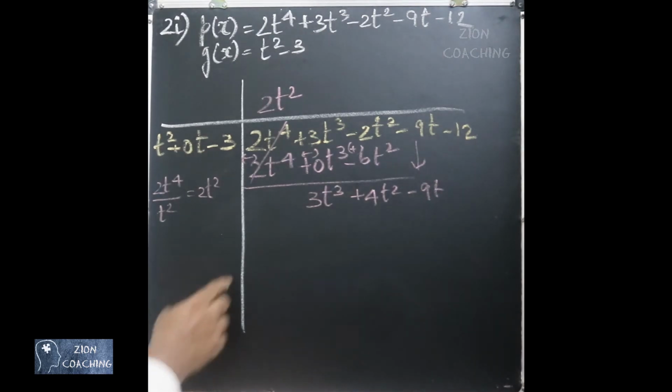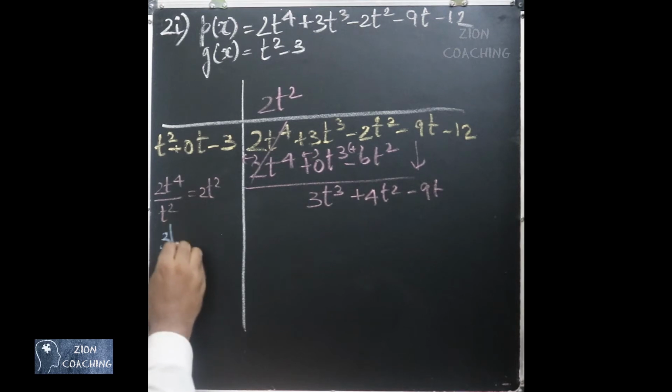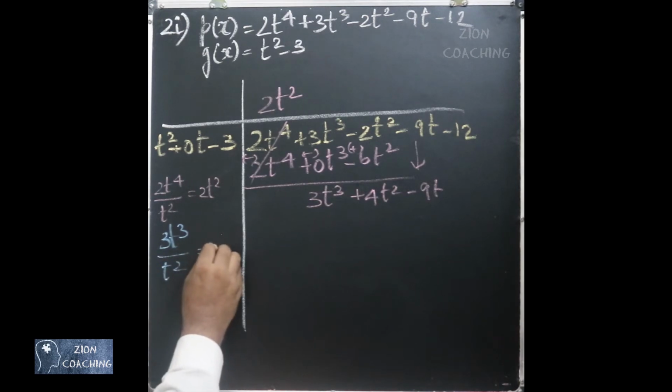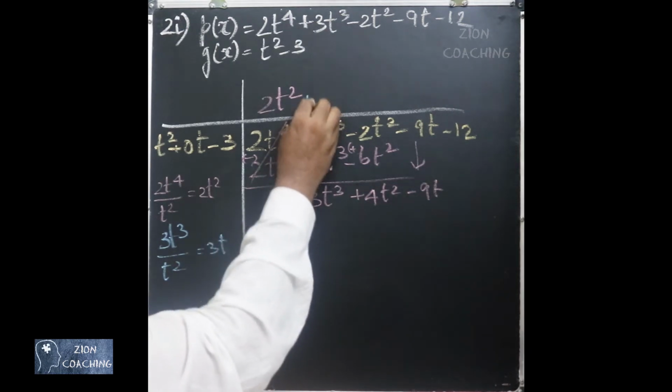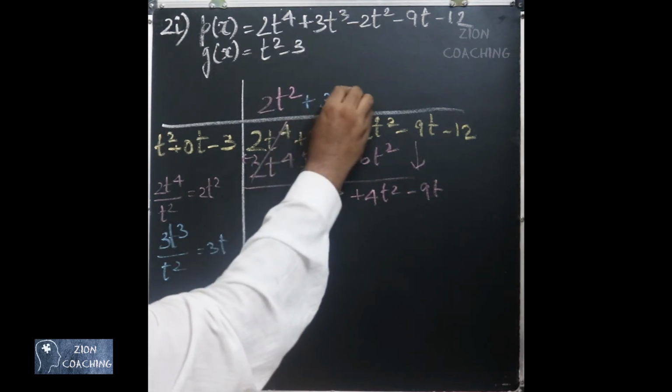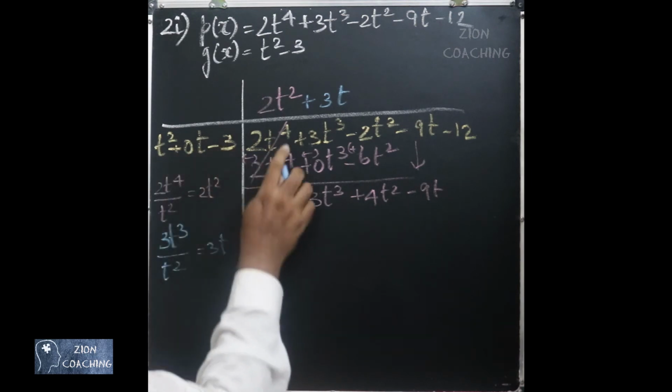Now the first term which you have here is 3t cube. You are going to divide that by t squared. 3 divided by 1 is 3. t cube divided by t squared is t. So we get 3t.